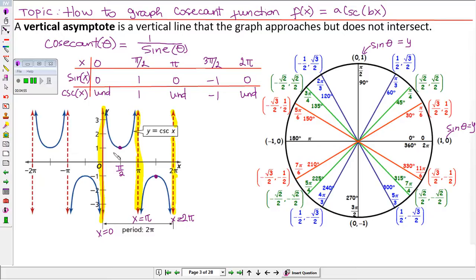Now if you want, I can go ahead and show the sine function so that you can have an idea of how the sine function looks. This is the graph of the sine function for one period.